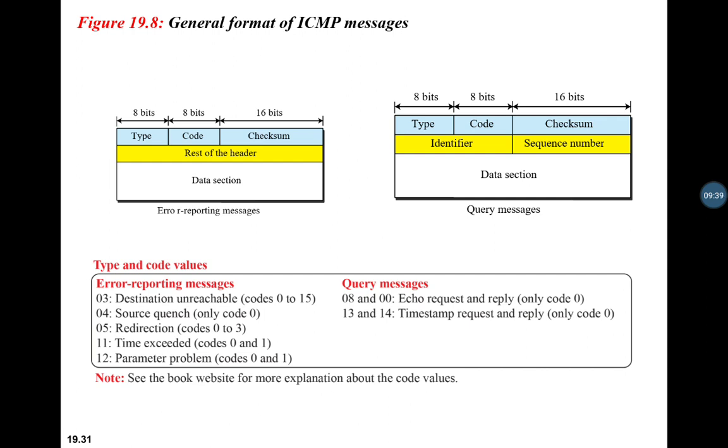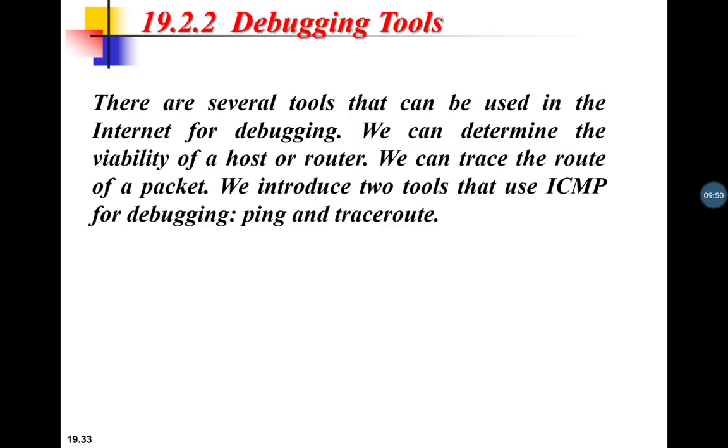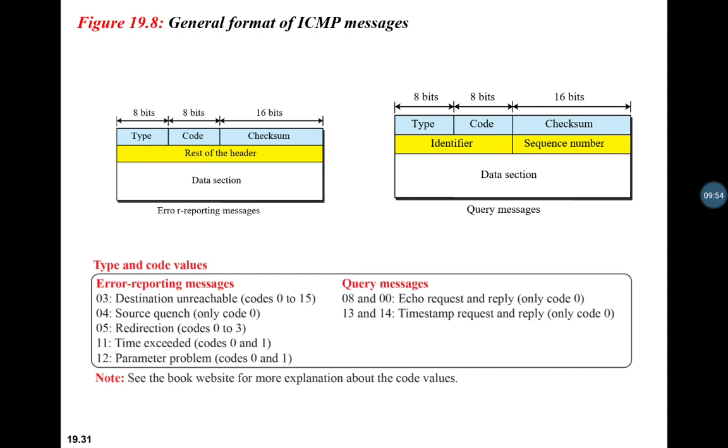One is, no error reporting message will be generated for a datagram having a multicast address. Multicast is when a message is directed to many users; in that case, an error message will not be generated. Next, even for special addresses like this host address and the loopback address, error messages will not be generated.